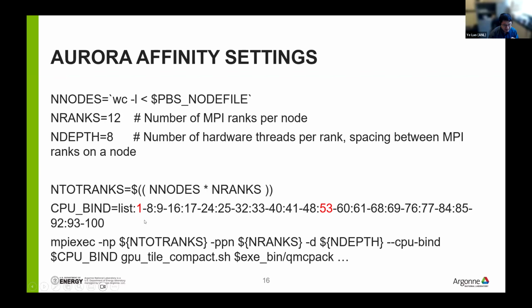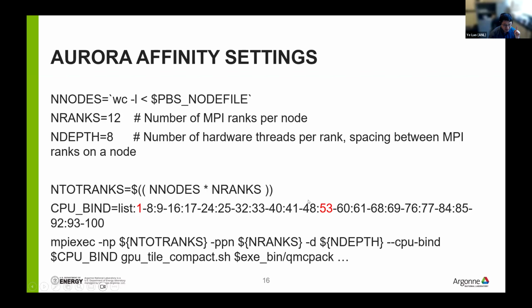In this list, I'm highlighting the cores. The core enumeration starts from 0, but if you read carefully in the Aurora user guide, core 0 is reserved for the operating system. You won't get it through mpiexec. That's why I need to start from 1. So 1 to 8, 9 to 16, and up to 41 to 48.